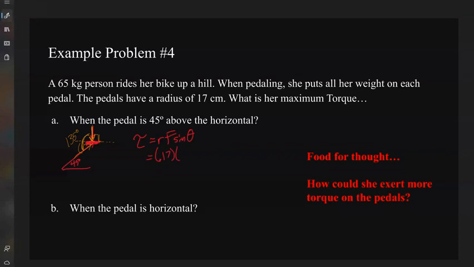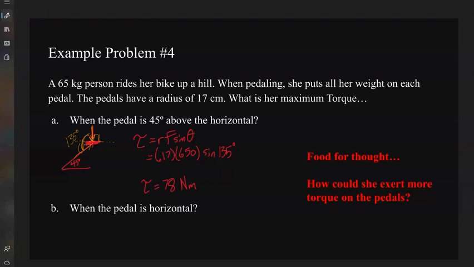The force would be the force of gravity on the person, so mg, 650 newtons, and then times the sine of the angle between the radius and the force, so 135 degrees. So 0.17 times 650 times the sine of 135, get an answer of torque being 78 Newton meters.